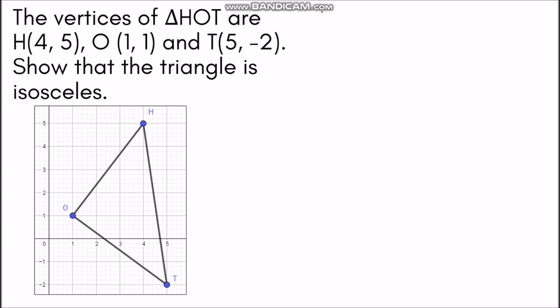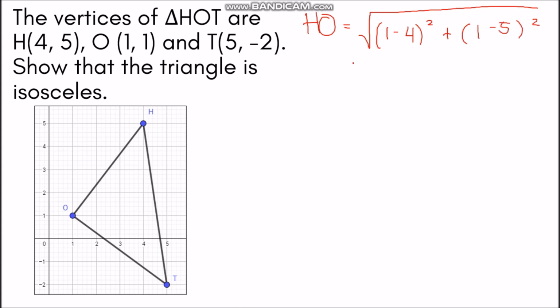So let's start with HO. So HO is equal to the square root of, I will make H as the first point and O as the second point. So I have here 1 minus 4 squared plus 1 minus 5 squared. Then square root of negative 3 squared plus negative 4 squared.